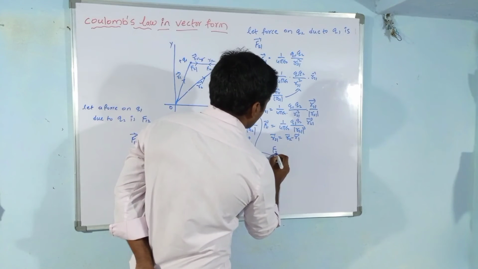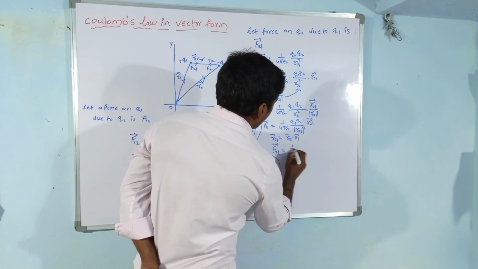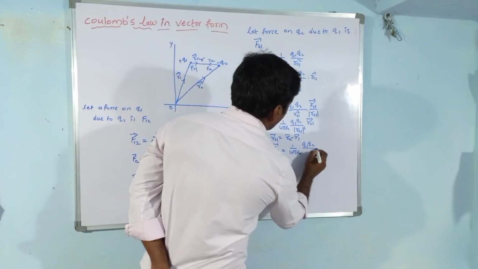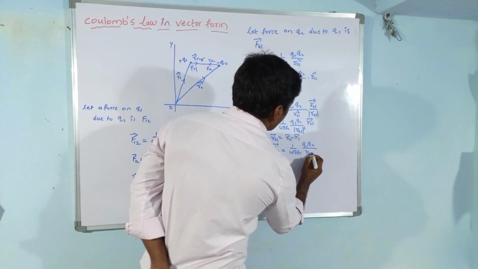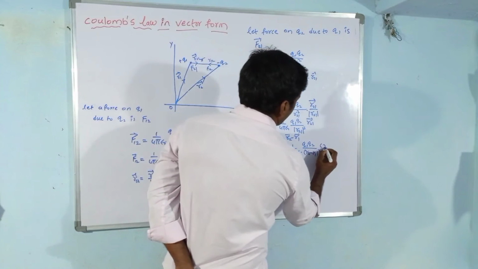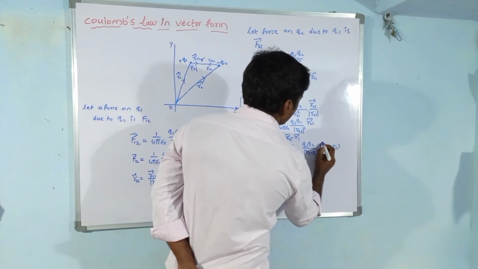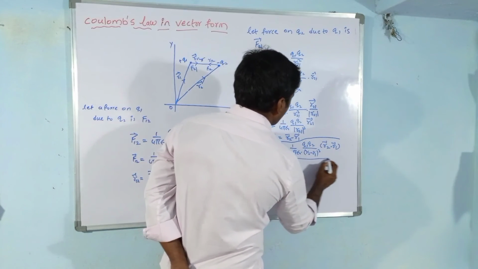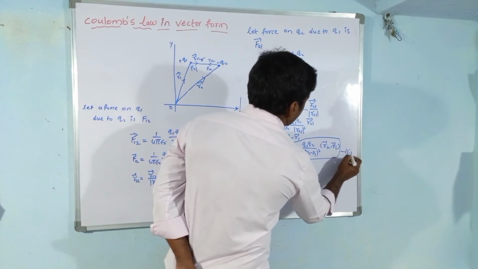When we substitute that, F21 equal to 1 by 4 pi epsilon naught q1 q2 by magnitude of r2 minus r1 whole cube, into r2 minus r1. So this is the force F21. I am taking this as equation 2.